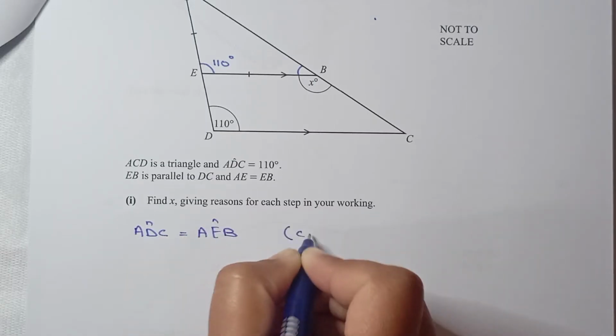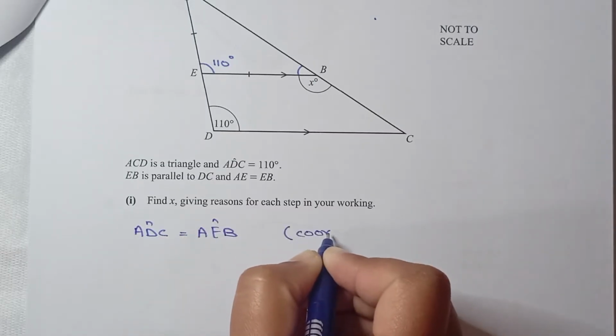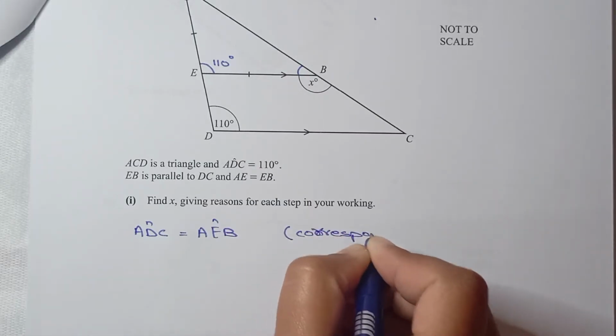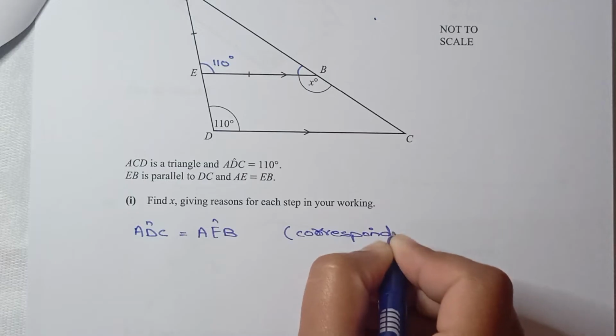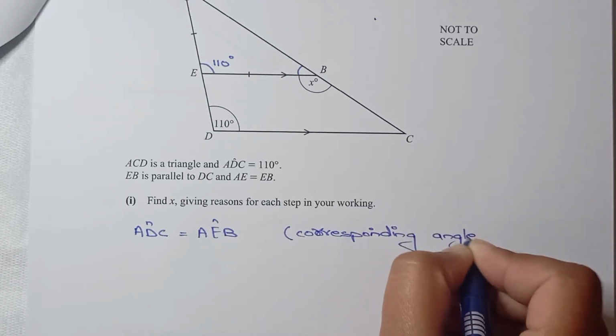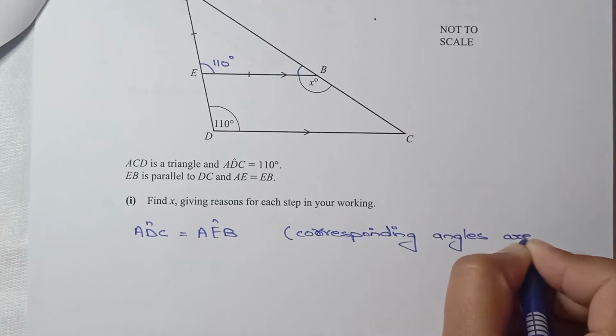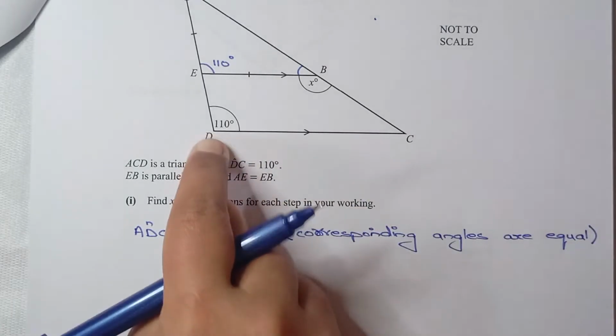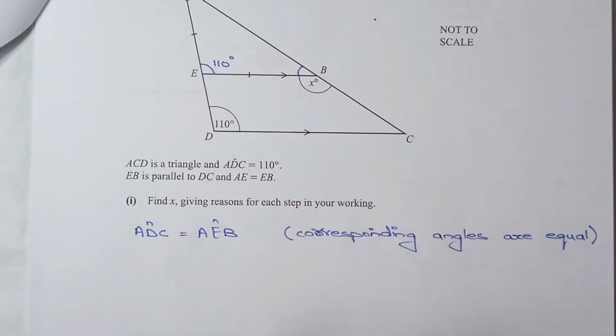So we can say that corresponding angles are equal. So this is the first reason why they are same, because when the lines are parallel, their corresponding angles are equal.